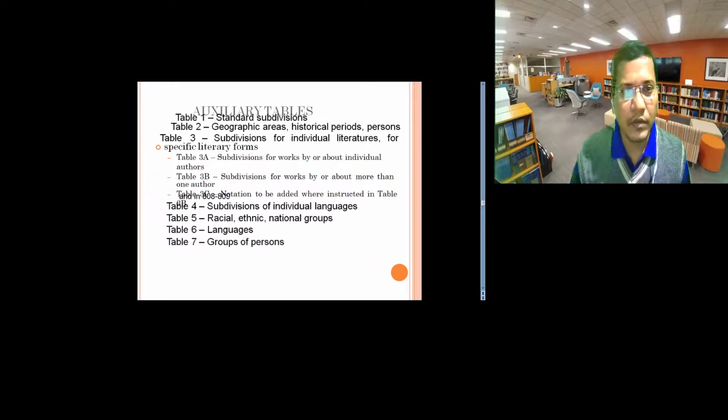Now some auxiliaries. There are some tables. Table 1, the standard subdivisions. Table 2, geographic areas, historical periods, persons. And Table 3 for the subdivision of individual literatures for specific literary forms. There are also Table 3A, Table 3B, Table 3C. Table 3A is for subdivisions of works by or about individual authors.